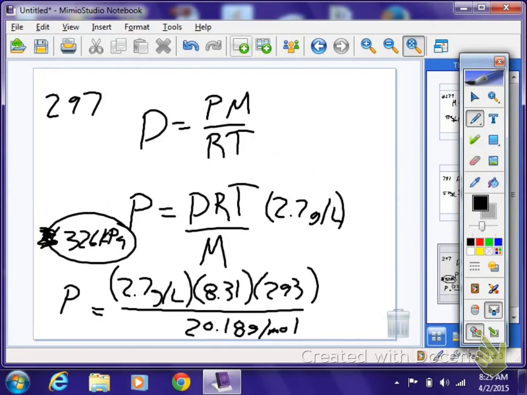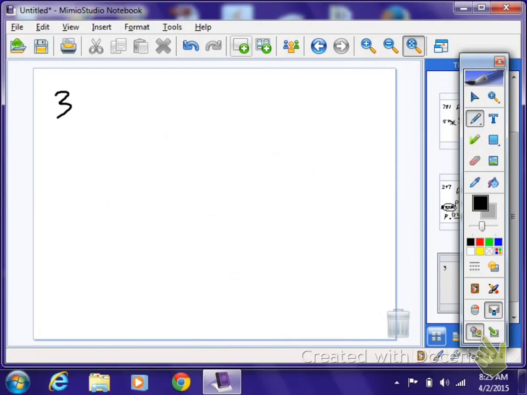All right. Okay, and then what was the last one? 302. See, these aren't too bad. I mean, as we get through all of these, I think they're going to be very helpful. So on this one, it looks like we're not given any density. We're not asked for a density.